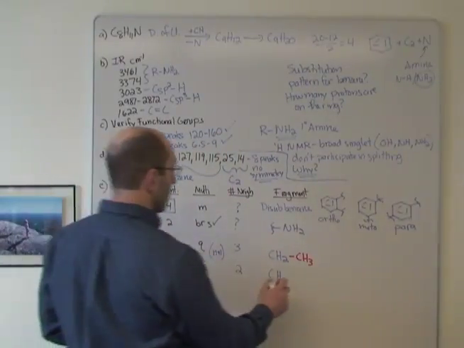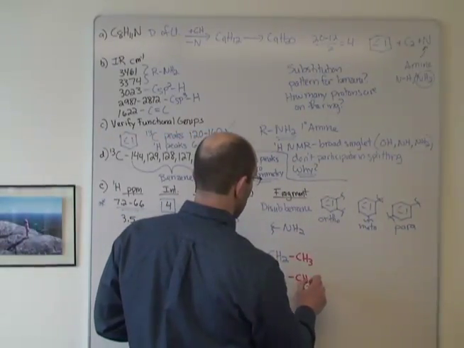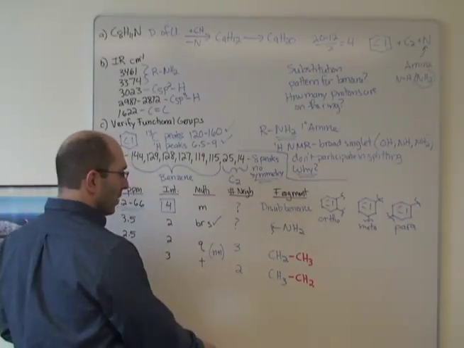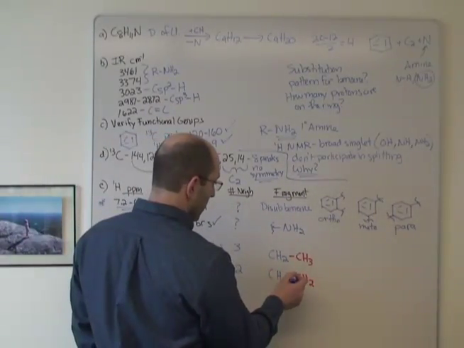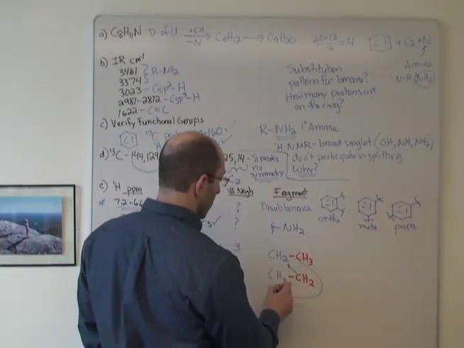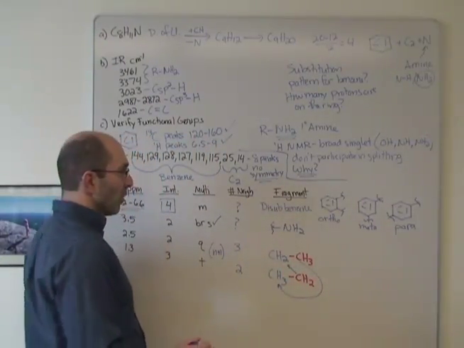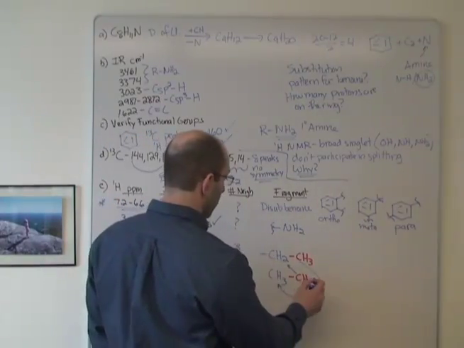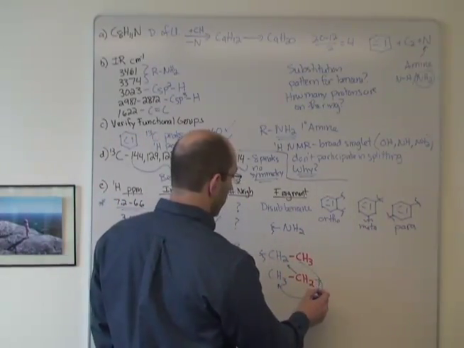We have 2 neighbors next to the CH3, that means it's going to be a CH2. Hopefully it's clear that this CH2 is that CH2, this CH3 is that CH3. So the fragment that we have is just an ethyl group.